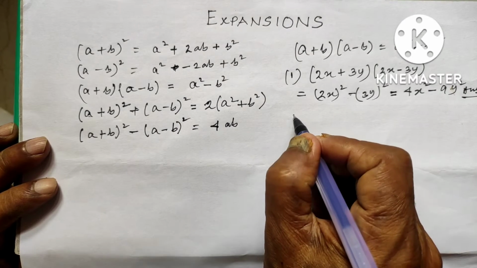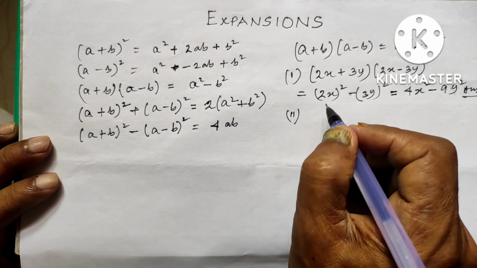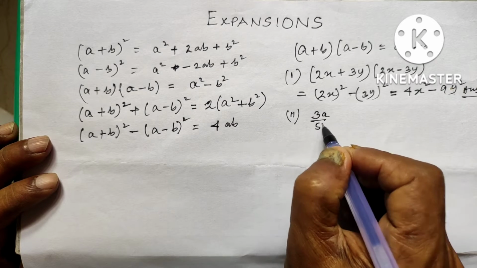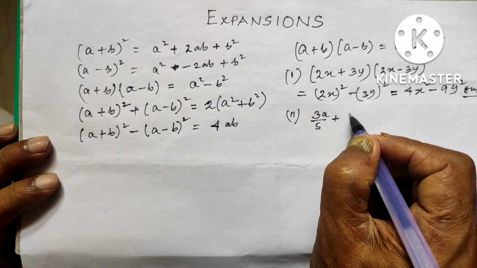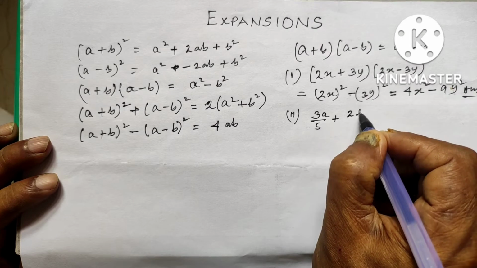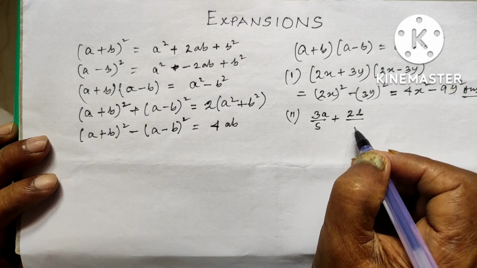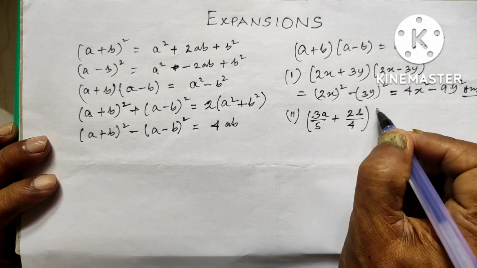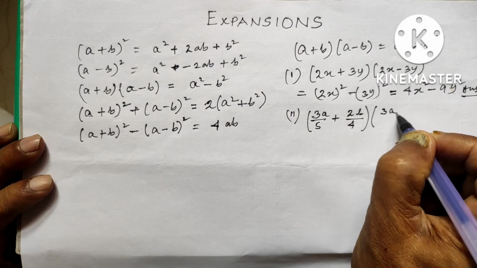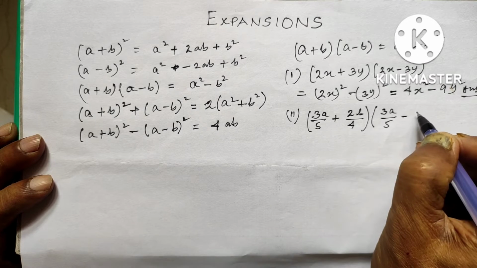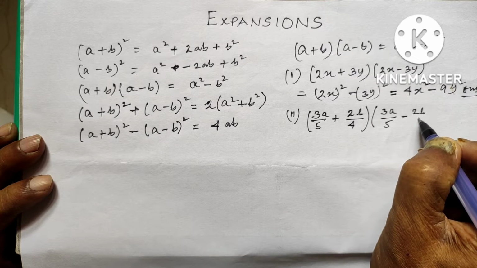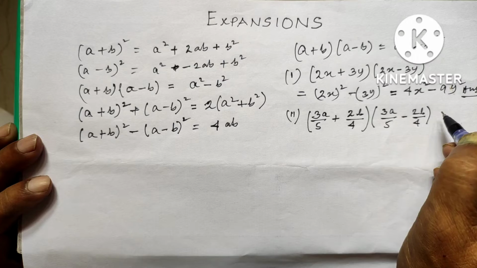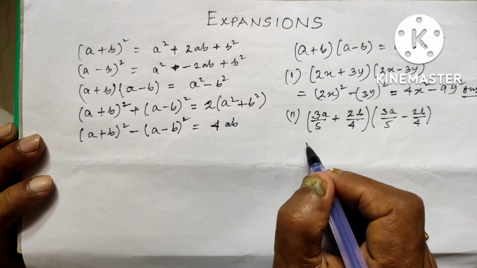Remember it. Now, the second sum. If you take (3a by 5 plus 2b by 4) into (3a by 5 minus 2b by 4). Here you see this is the first term and this is the second term. So, what will we do?